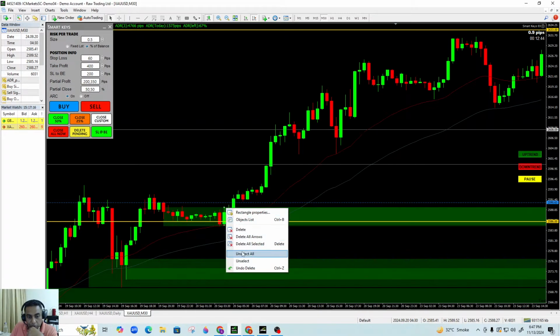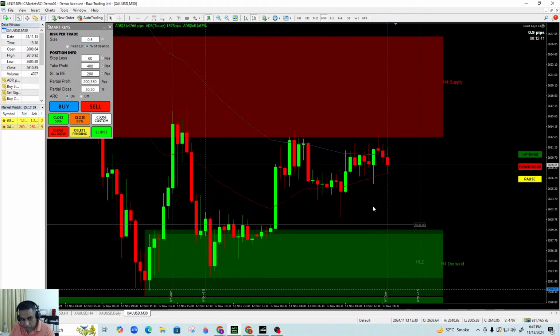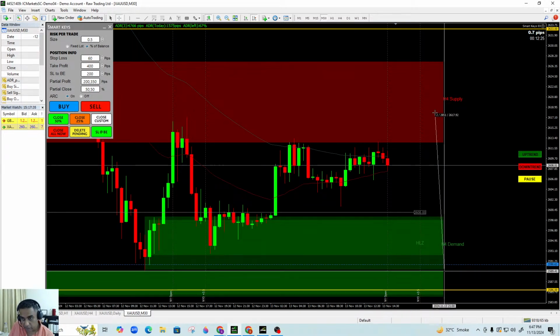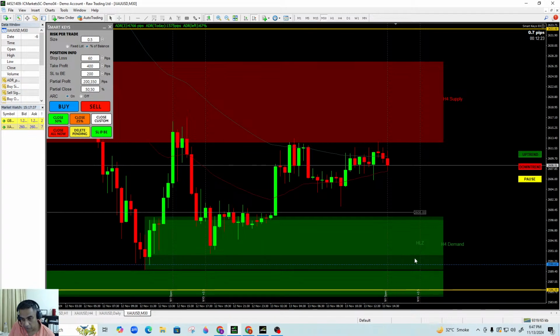Okay, perfect. Okay, so price hasn't touched that candle. Interesting. We could get a reaction off here going up. If we break below this, we could touch here, get a reaction going up. That is a high liquidity zone as well.